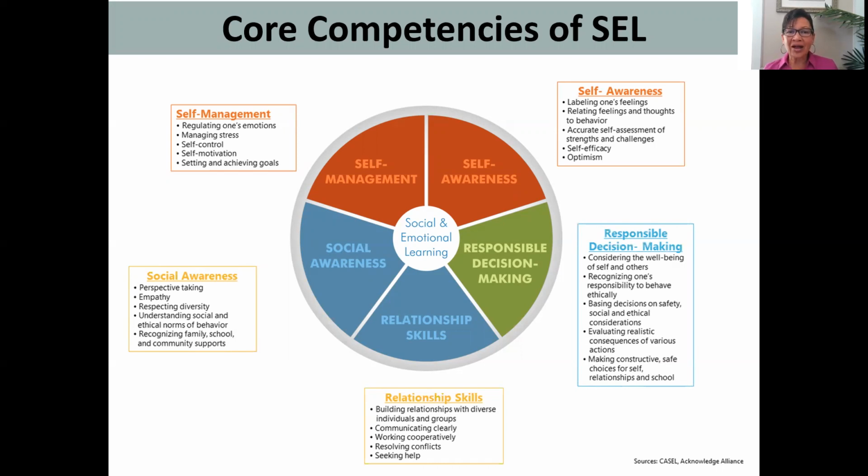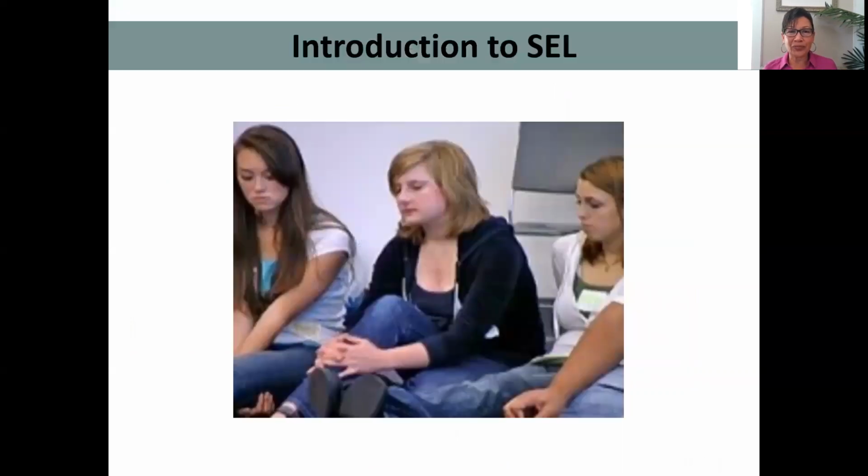And recognizing our own responsibility to behave in a way that takes into consideration others and understand and to be able to evaluate the consequences of our actions, both on ourselves and then collectively on society as a whole, recognizing our role as global citizens, and then being able to make those really positive and safe choices, not just for ourselves, but choices that impact our relationships with others and our goals, for immediate goals and then for our future.